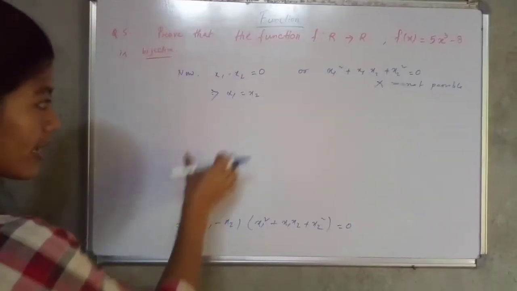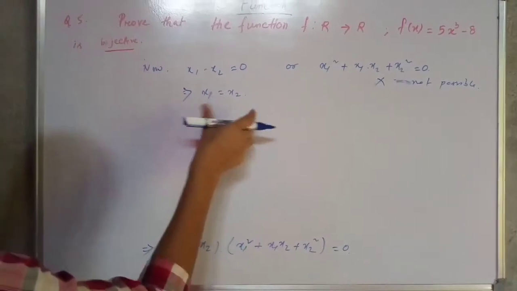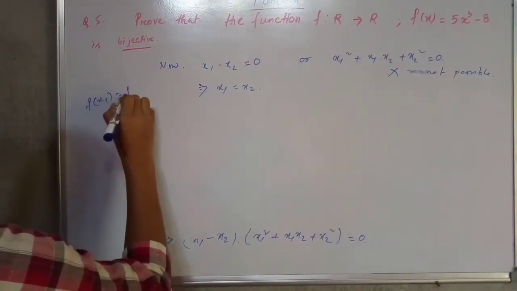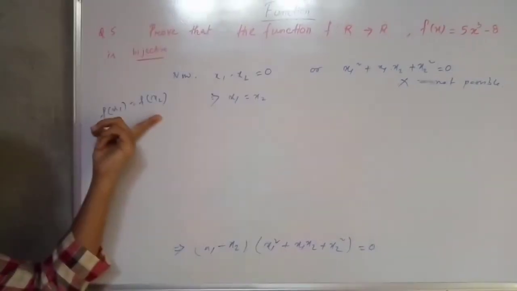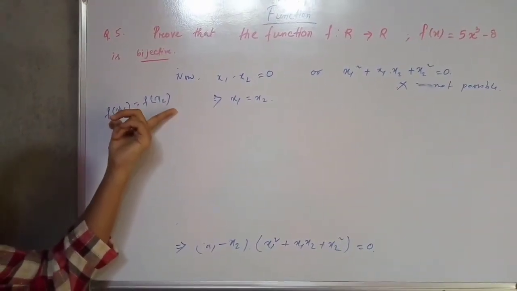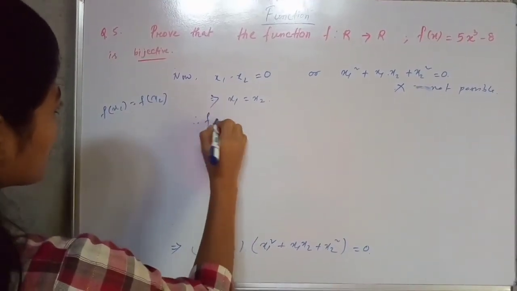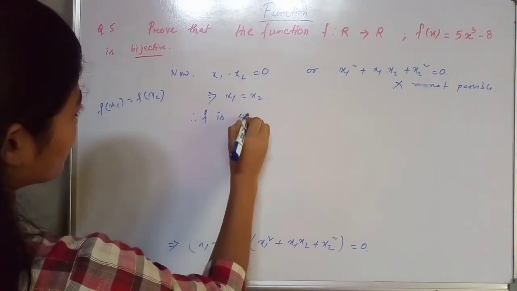Therefore, we finally get x1 equal x2 whenever we have taken f of x1 equal f of x2. For f of x1 equal f of x2, we get x1 equal x2. Therefore, the function f is 1, 1.